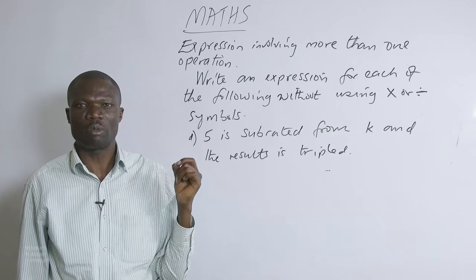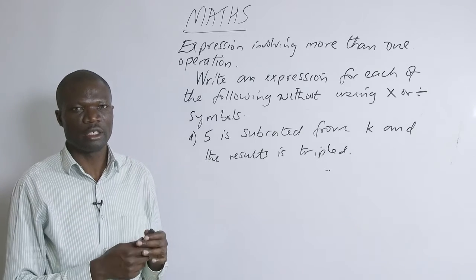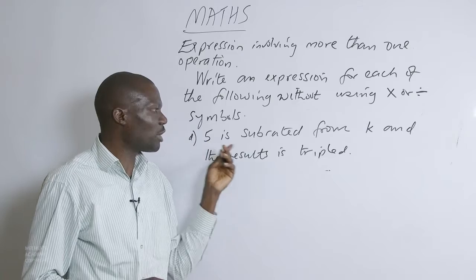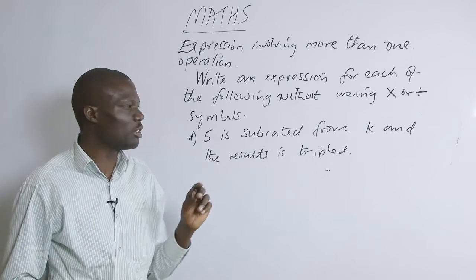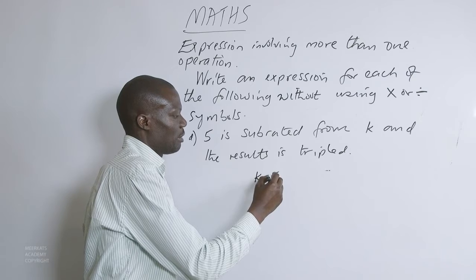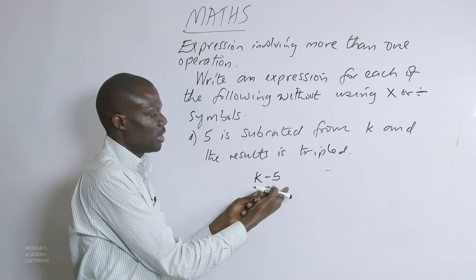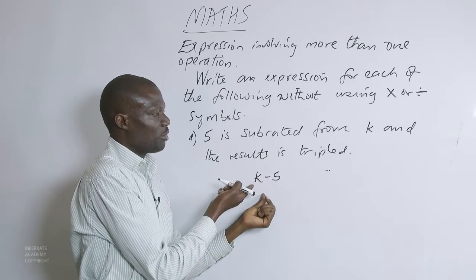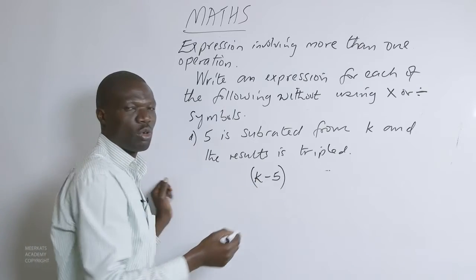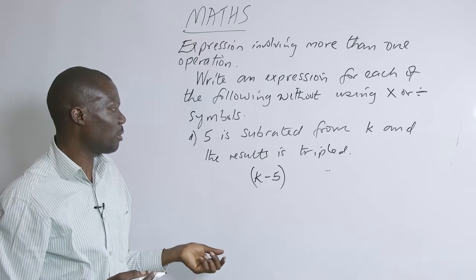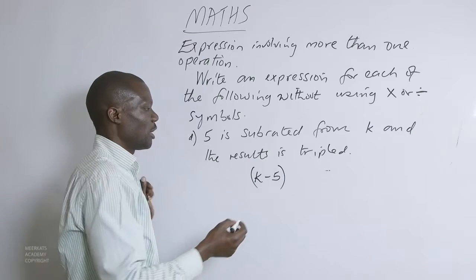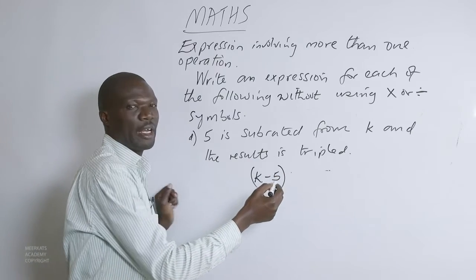In this particular case, we want to subtract 5 from k, which implies we shall have k minus 5. So this means 5 is subtracted from k. And then the result, which is what we have inside the bracket, is tripled. When you say it is tripled, it is simply multiplied by 3.